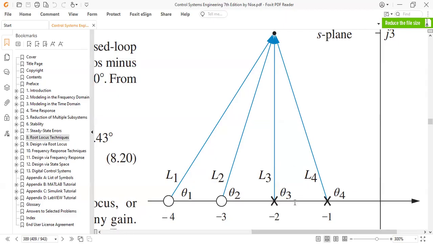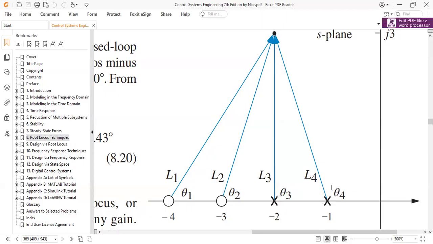We have perpendicular and base in all the cases. Sir, subtract theta 2 from 180. Theta 2, or theta 4?